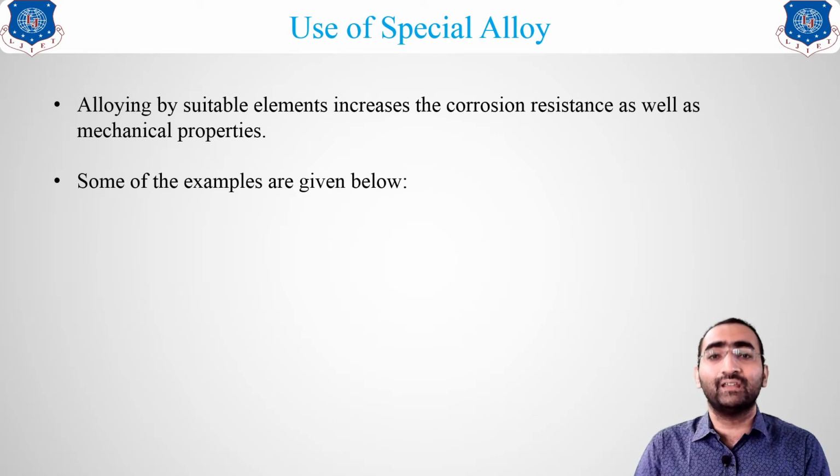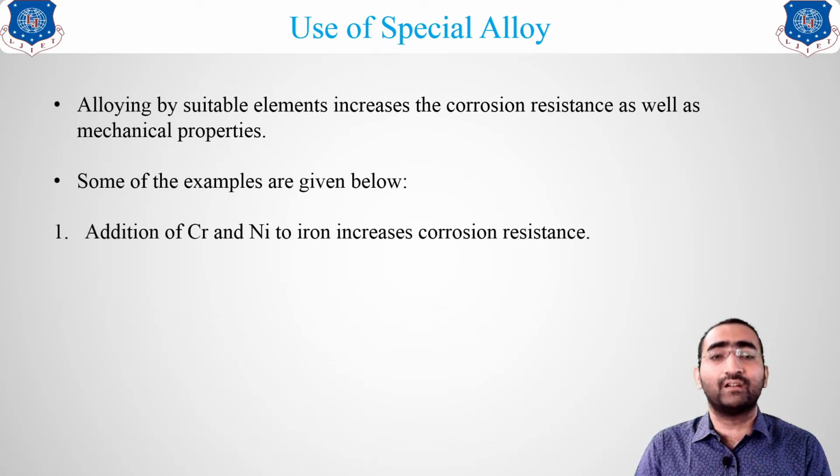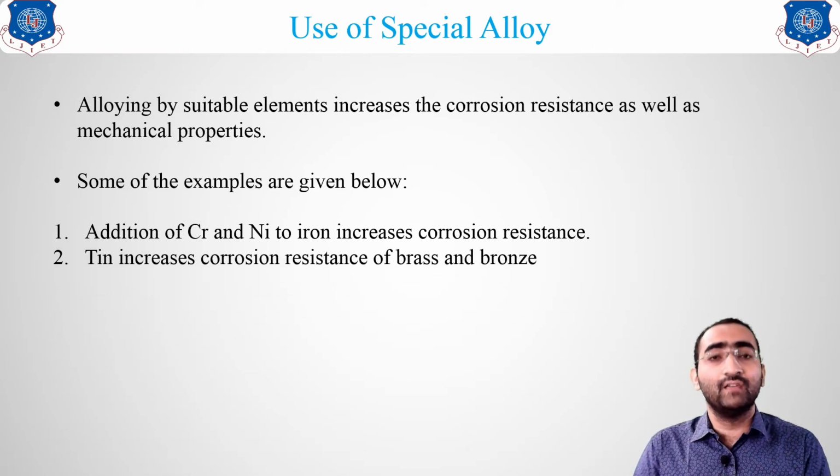So let us discuss it with some examples. The first one is the addition of chromium and nickel, which gives corrosion resistance inside steel. Then if you introduce tin into brass and bronze, the tin also gives corrosion resistance to brass and bronze material.